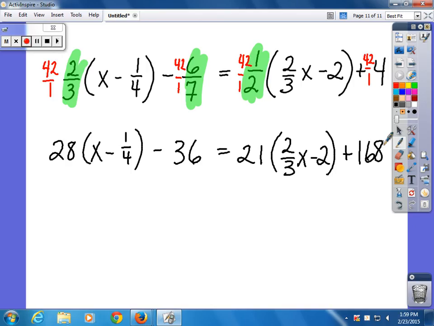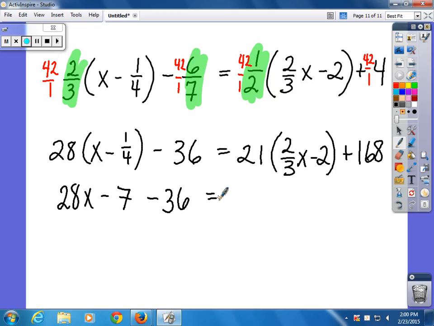Did I tell anybody to get a calculator out? You don't need one. You should not have to use a calculator for that. Man, I've got some real hard math here. Okay, real hard. 28 times x is... Okay, y'all ready for this? 28 times 1/4 minus 36 is equal to, how many times will that 3 go into that 21? 7.